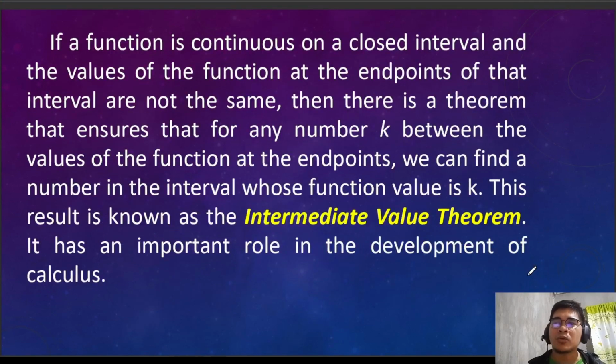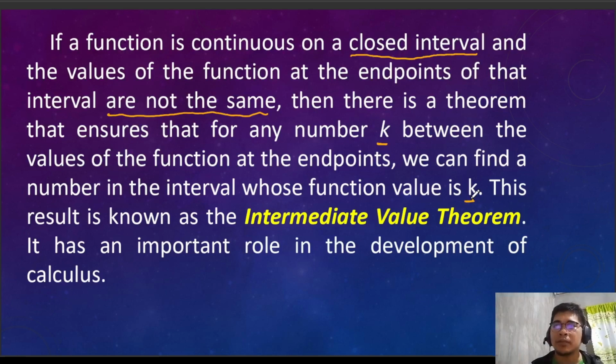If a function is continuous on a closed interval, and the values of the function at the endpoints of that interval are not the same, then there is a theorem that ensures that for any number k between the values of the function at the endpoints, we can find a number in the interval whose function value is k.